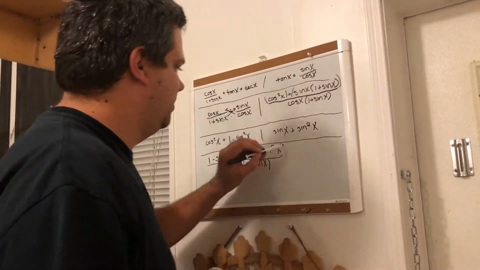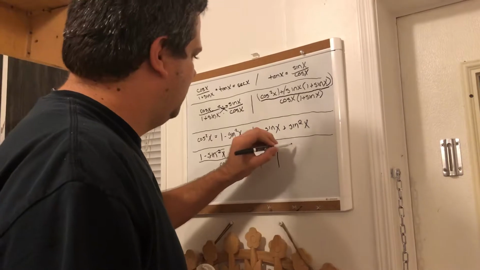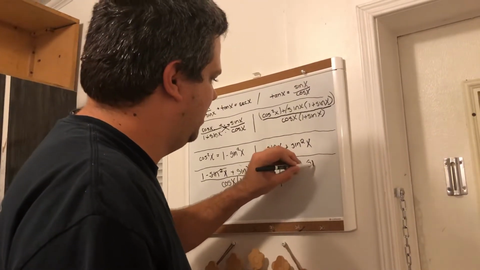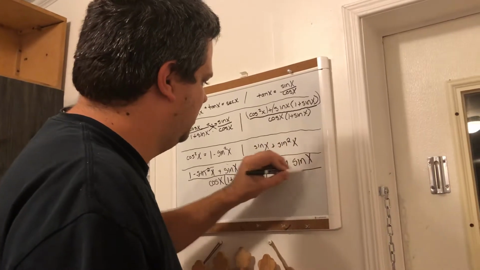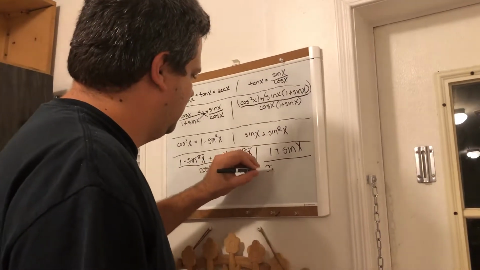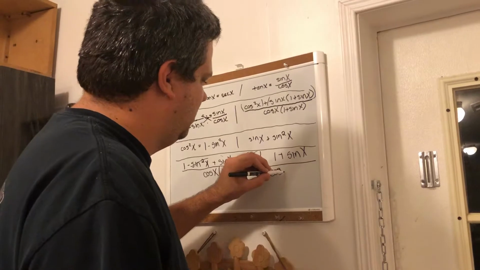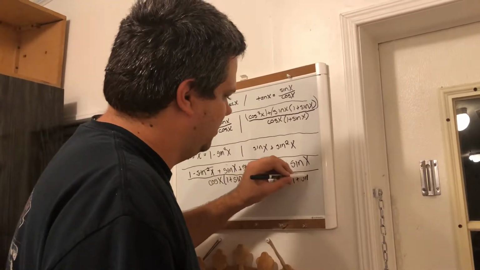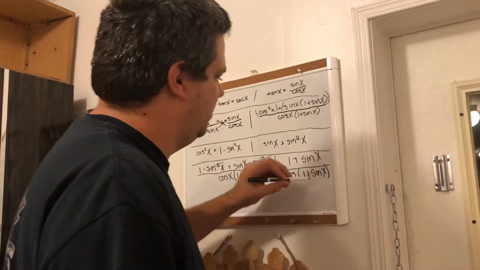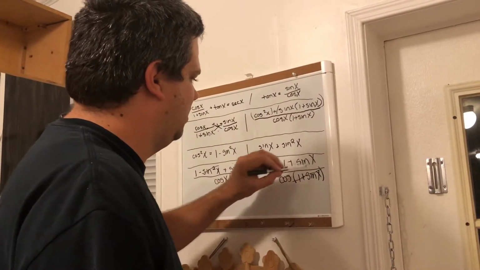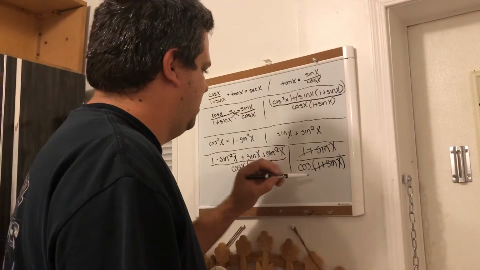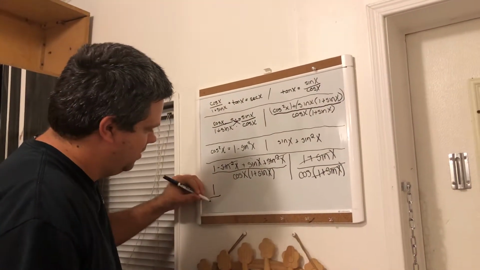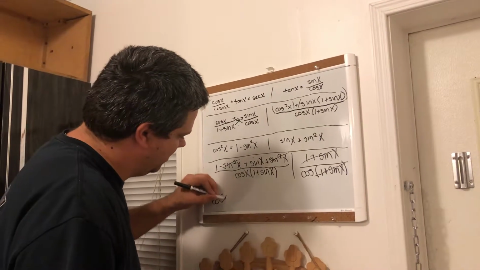This would leave us with 1 plus the sine of x over the cosine of x times 1 plus the sine of x. From here, we can cancel out that, which leaves us with 1 over the cosine of x.